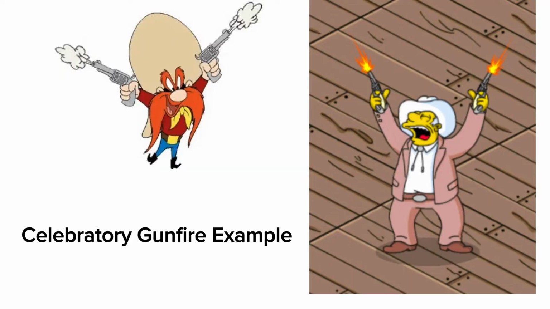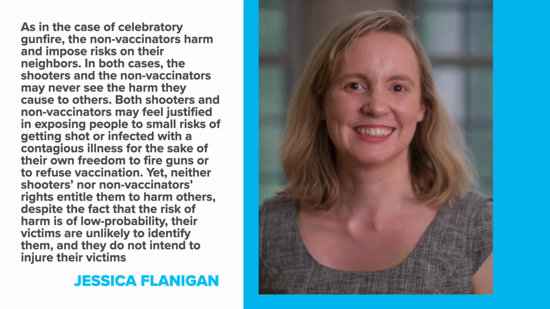Okay, so I need to spell out here what an unjust risk of harm is to another person. So to make sense of this, we're going to need to think of an analogous case. One where someone is shooting their gun into the air, maybe even in celebration. So, there's celebratory gunfire is what it's called. So Jessica Flanagan gives us this argument by analogy between celebratory gunfire and the non-vaccinators.